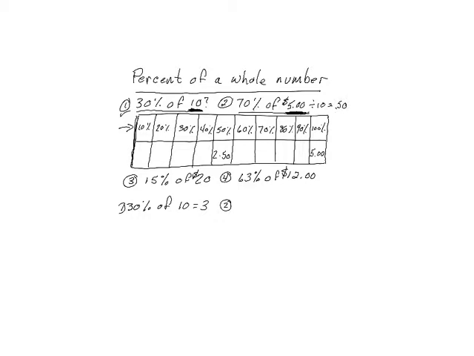So we write 50 cents. And now we can fill in the rest of these boxes, as with the other example we did earlier. If we know that 10% is 50 cents, then 20% is just going to be double that, and that's going to be $1. 30% is simply going to be 3 times 50, or it could be 20% plus 10%.